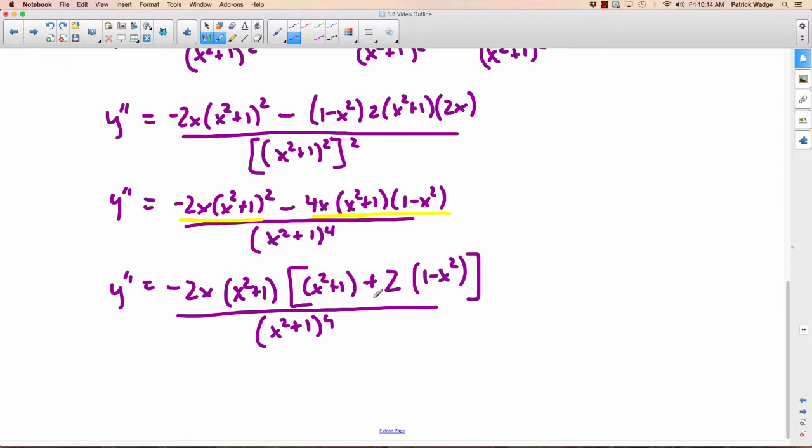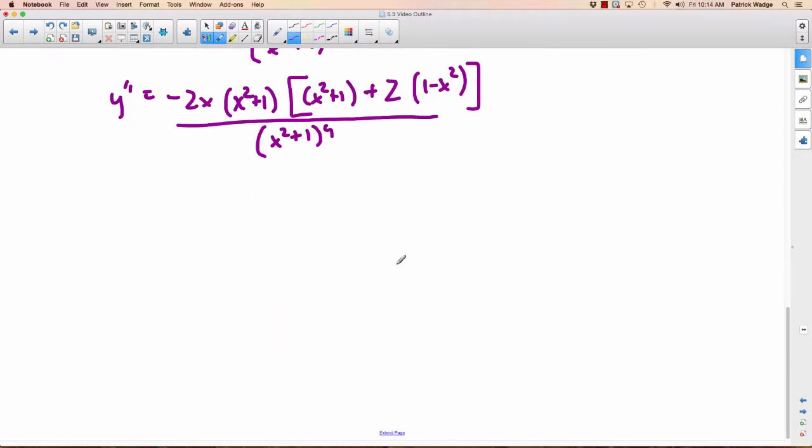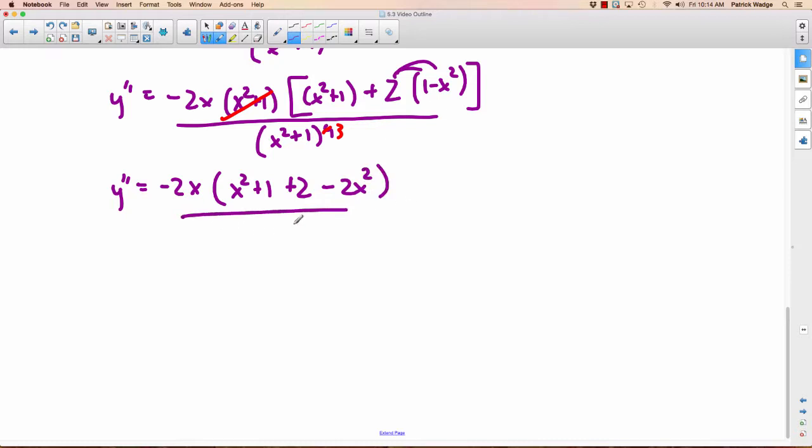Now all we want to do is simplify the stuff in the square bracket. So we'll have y double prime equals negative 2x. Oh look, we have x squared plus 1 and x squared plus 1 to the fourth here. So I can get rid of this and get rid of one of those, so it's now a 3. Okay, so x squared plus 1, then I'll do the distributive property here, plus 2 minus 2x squared, all over x squared plus 1 cubed.